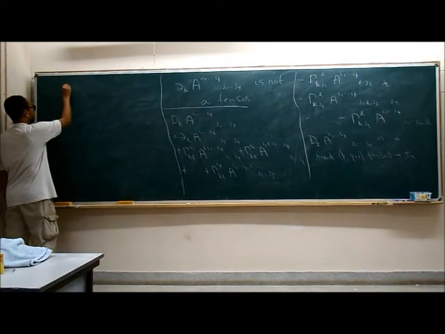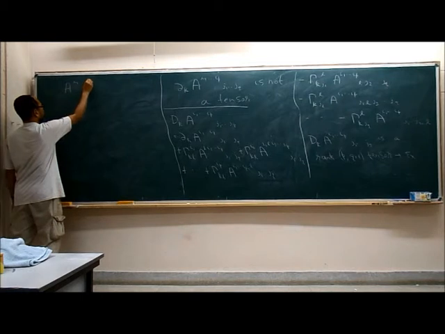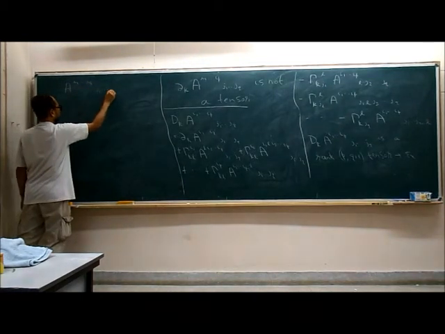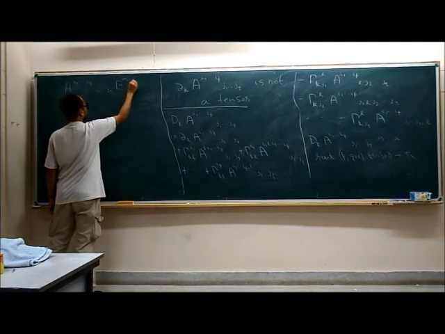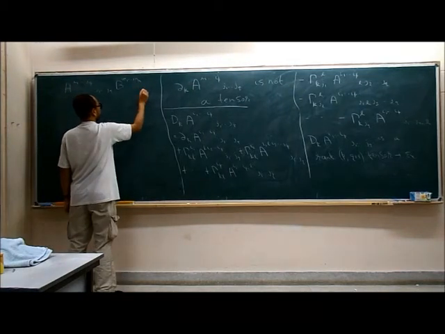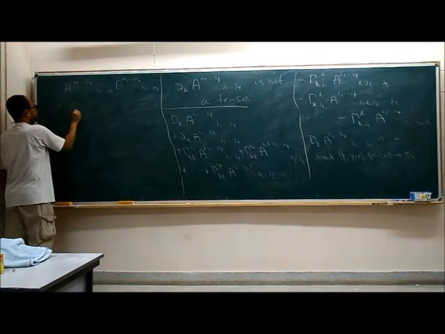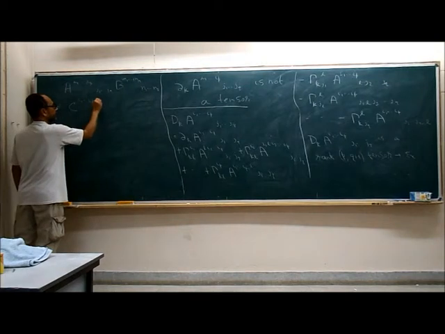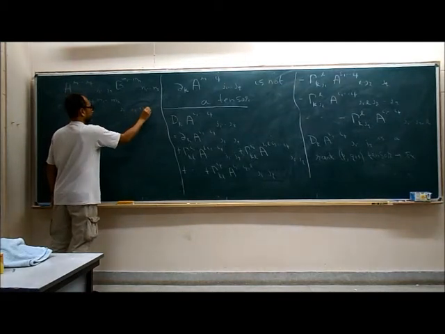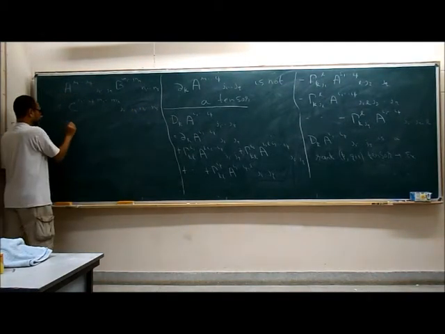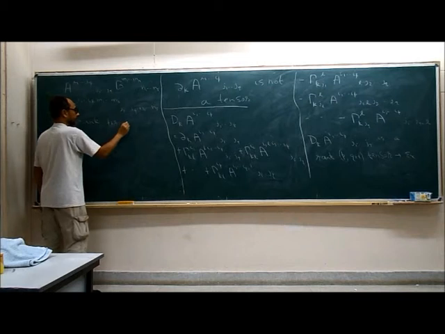You had seen that if we take, for example, a tensor of the form A with indices I1 to IP, J1 to JQ, and B with indices M1 to MR, M1 to MS, and we write this product as C with indices I1 to IP, M1 to MR, J1 to JQ, M1 to MS, then this is a rank (P plus R, Q plus S) tensor.